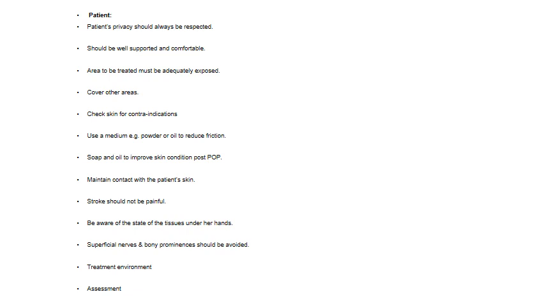Cover all other areas that you won't be massaging, especially in the winter time, to keep the rest of the body nice and warm. Check skin for contraindications and always ask for contraindications prior. Use a medium like an oil, a bit of powder, but normally we use oil to reduce friction and make your hands glide easier as you massage.